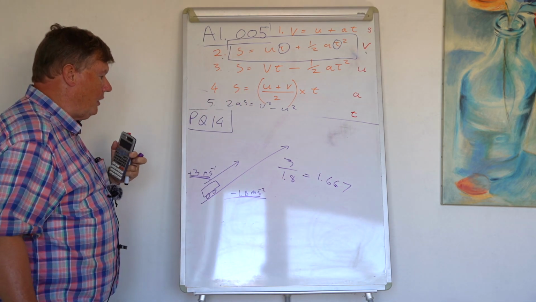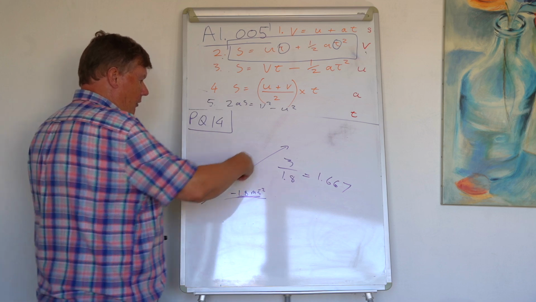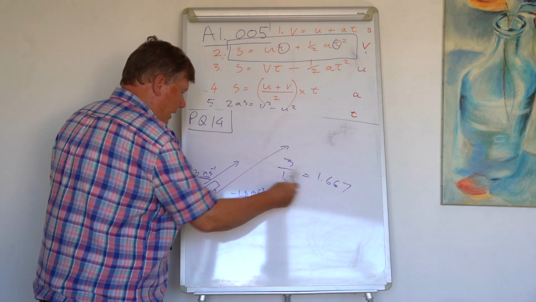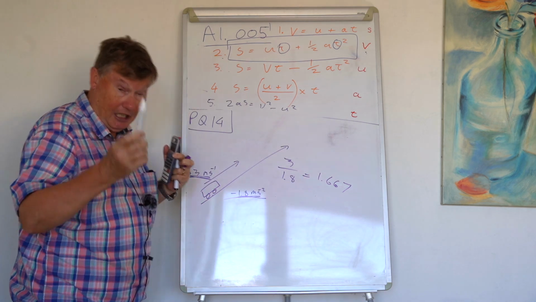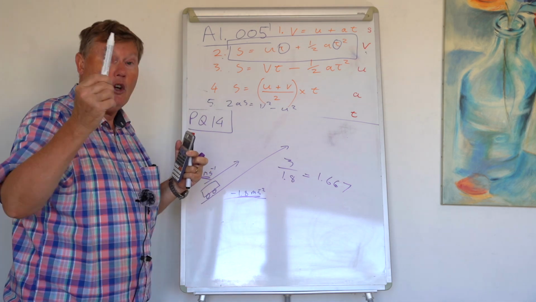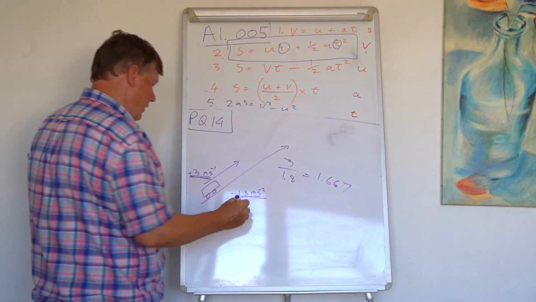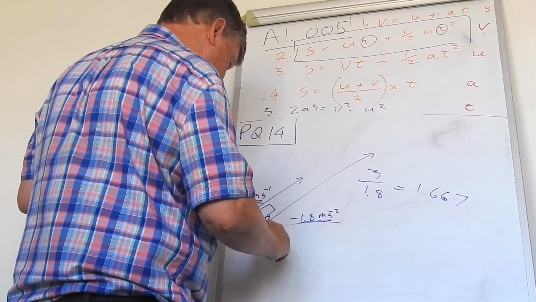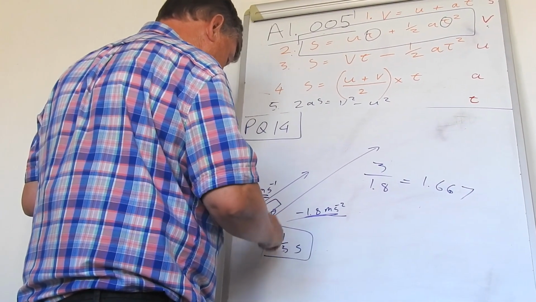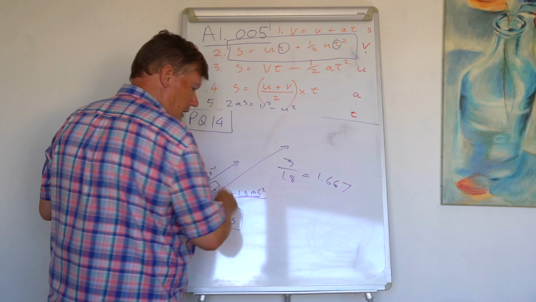If it takes 1.667 seconds to go up the ramp, it will take the same amount of time to come back down the ramp, because in physics land all accelerations are constant. So if I times that by 2, the answer is 3 1/3 seconds. So it'll take 3 1/3 seconds to go up and come back down.